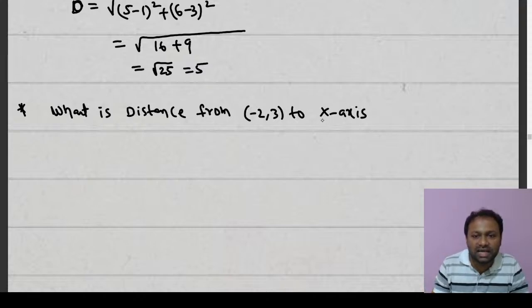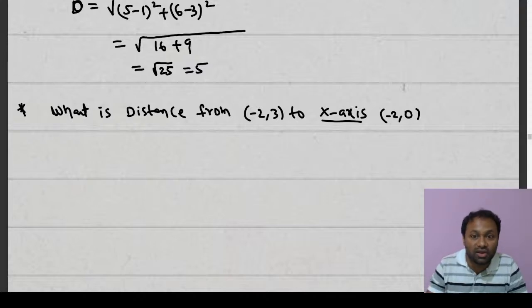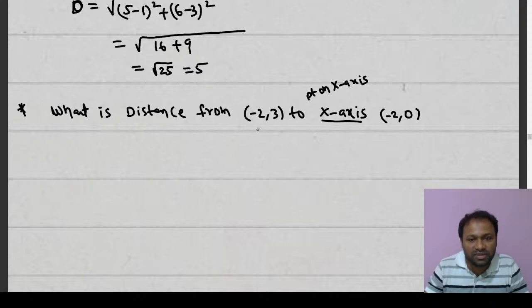Here x-axis means I will take one point that is -2 comma 0. What will be the distance? Point on x-axis. What will be the distance from the point to the point on x-axis?